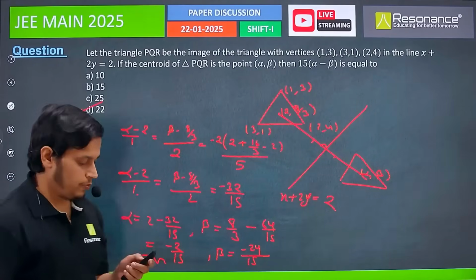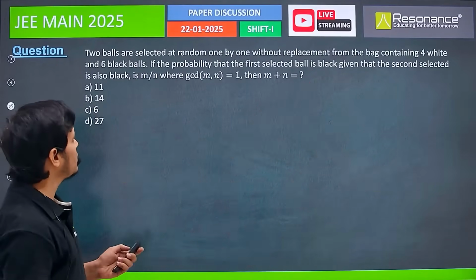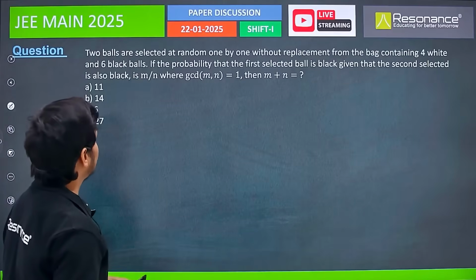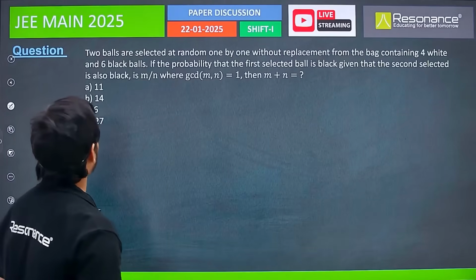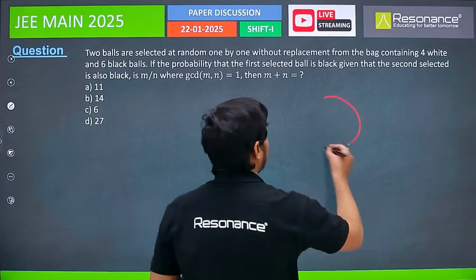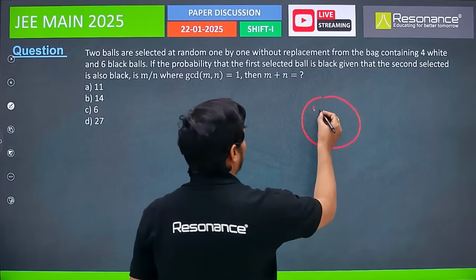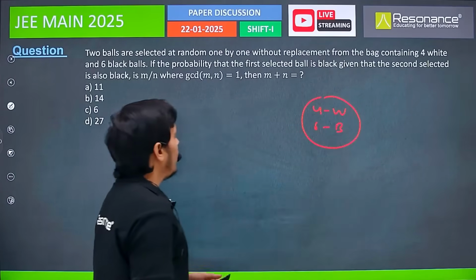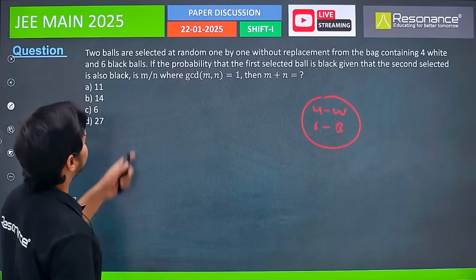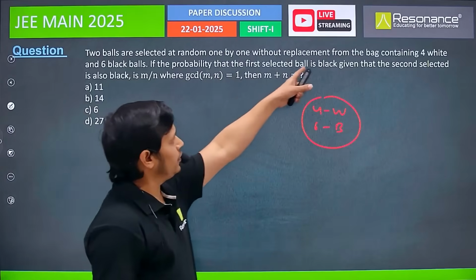By the way, this was a normal problem. The next question is: two balls are selected at random one by one without replacement from a bag containing 4 white and 6 black balls. So there is a bag which contains 4 white and 6 black balls, and we are selecting 2 balls without replacement.